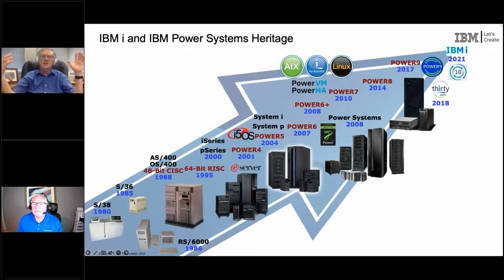And just as a way to think about it, again, I'm not here to argue naming so much as to help you understand how this architecture had to change as the uniqueness of the hardware that started this platform merged with something that could run AIX, IBM i, and Linux all at the same time.